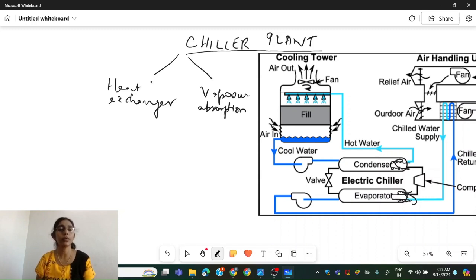So in the heat exchanger, what you have? You simply have the cooling fluid. Whereas here you have two types, that is the cooling fluid as well as the chiller fluid.